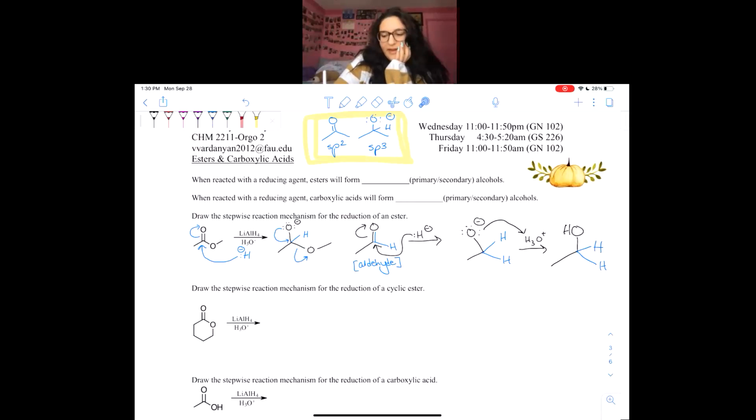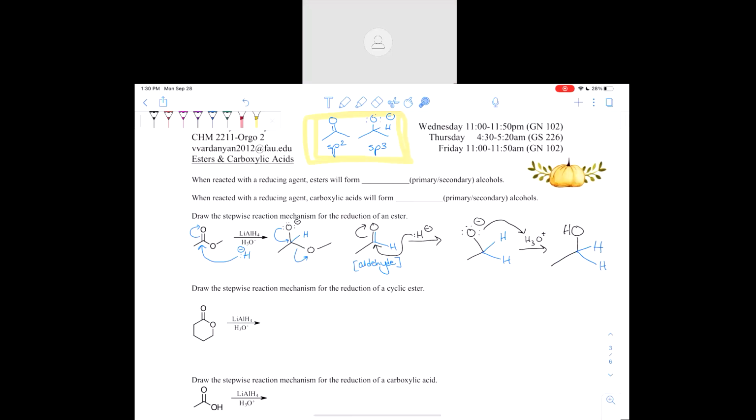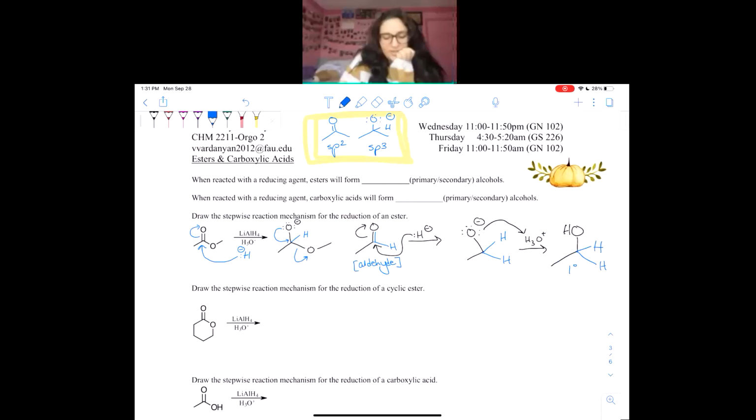So if we have one carbon here, how many other carbons is it attached to? One. Yes, exactly. So when reacted with a reducing agent, we are going to form primary alcohols.